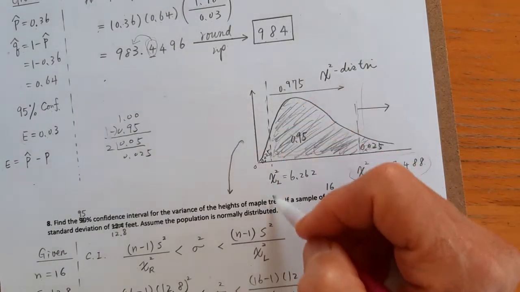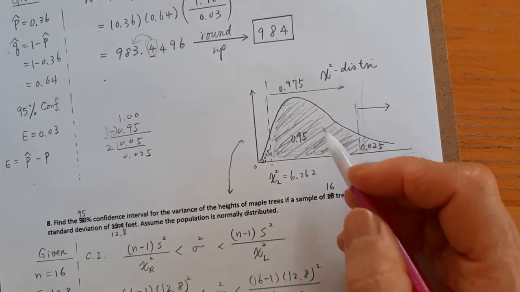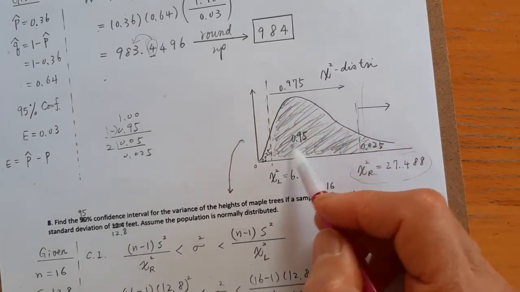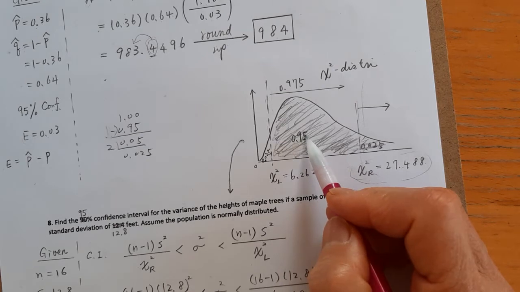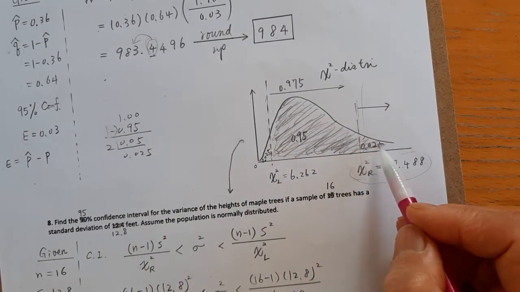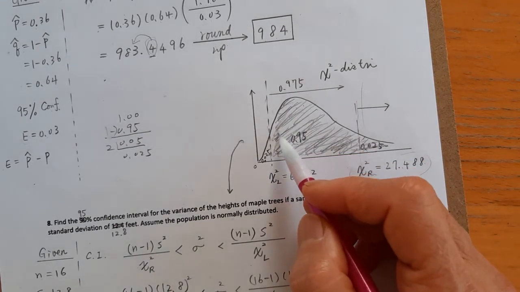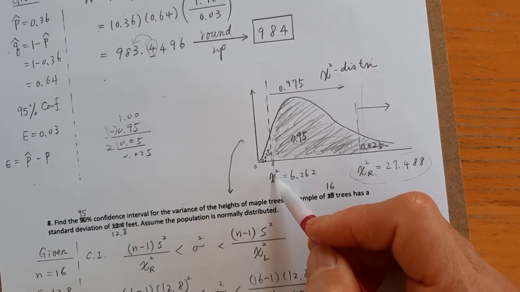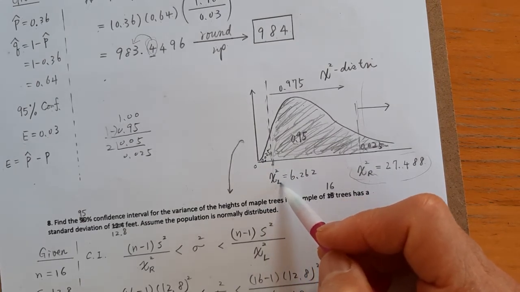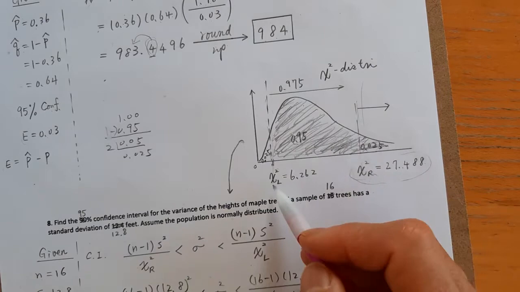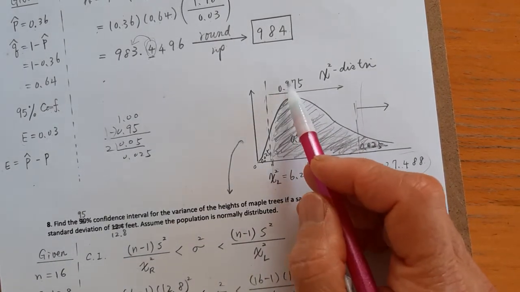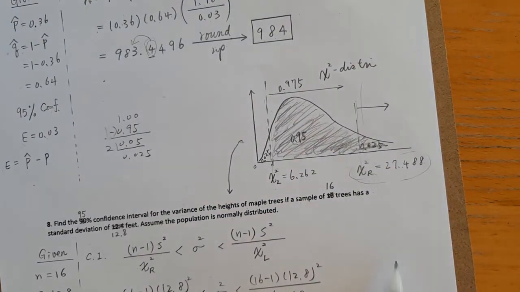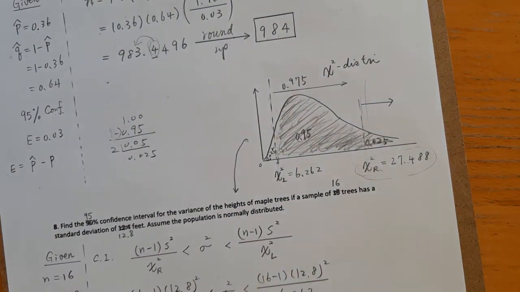The other side we call chi-square left. You also need to figure out the area to the right of it. To the right is 0.95, add 0.025. Added together, to the right of chi-square left, the two numbers add together to 0.975.